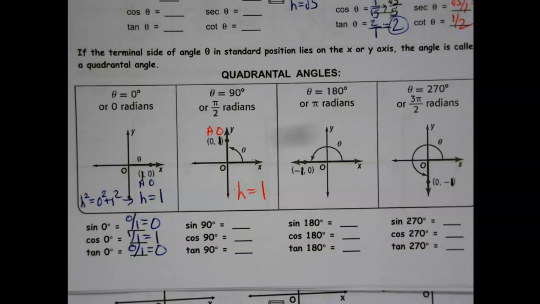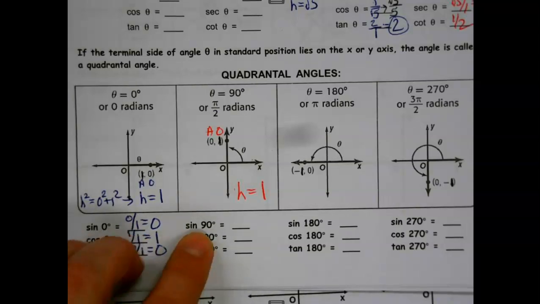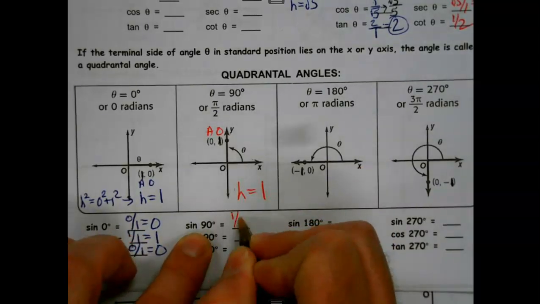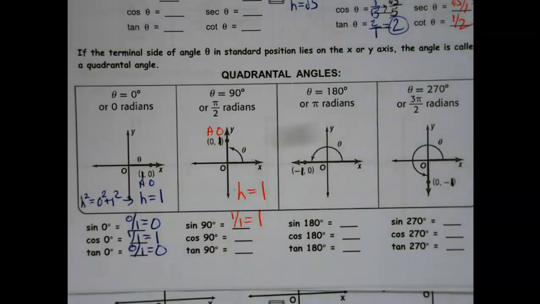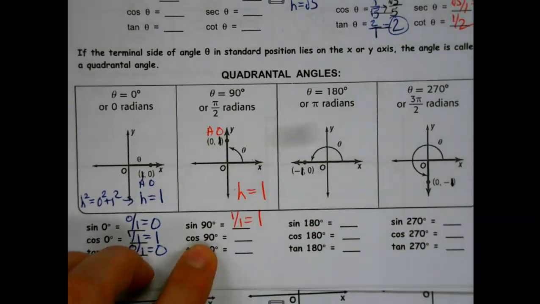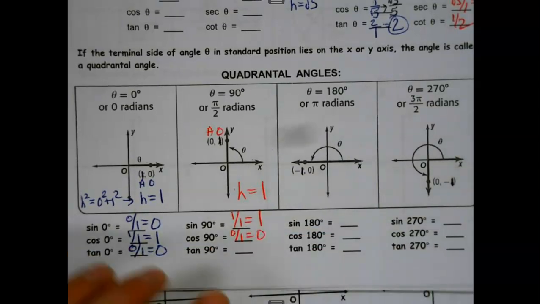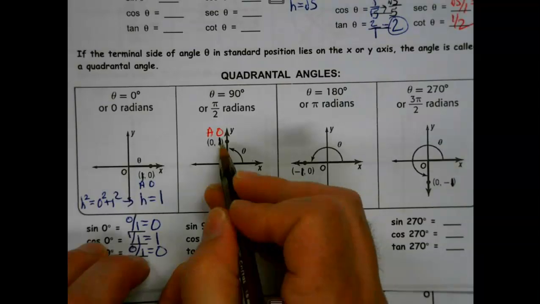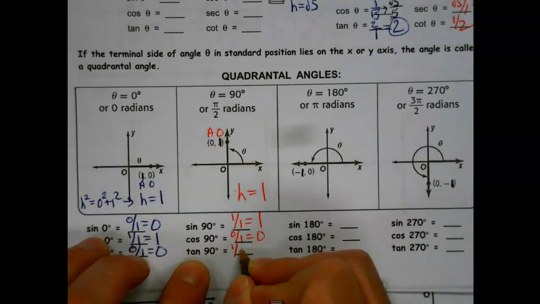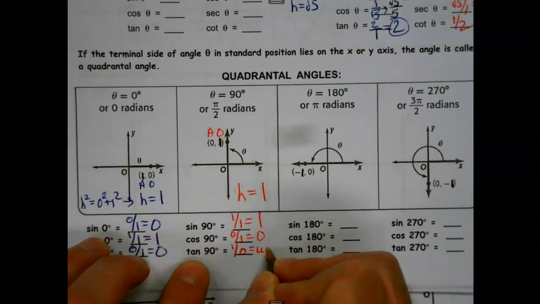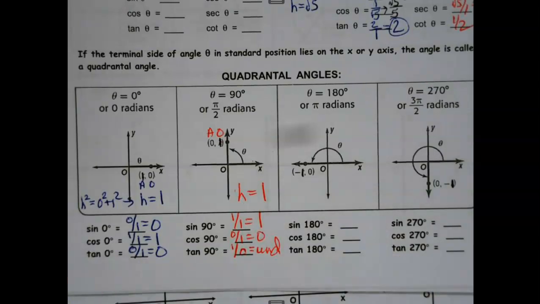And so now, sine, opposite over hypotenuse. Cosine, adjacent over hypotenuse. Tangent, opposite over adjacent. That's not defined. We can't do that.